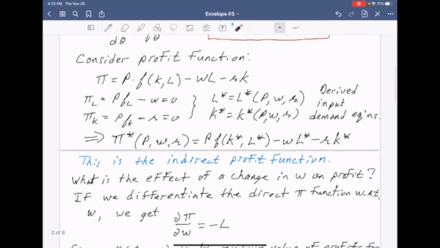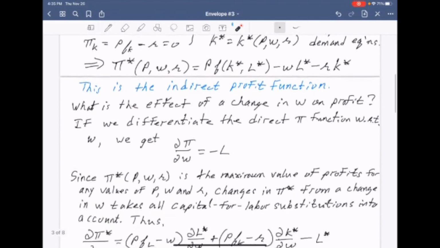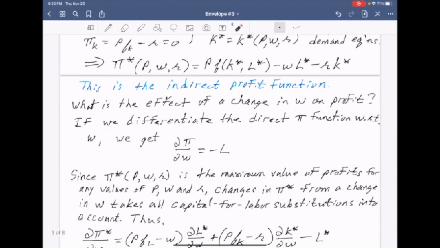And this is called the indirect profit function. What is the effect then of a change in the wage rate on profit? Well, to find that, we first differentiate the direct profit function with respect to W, the wage rate, and we get that the partial of the direct profit function with respect to the wage rate is negative L.